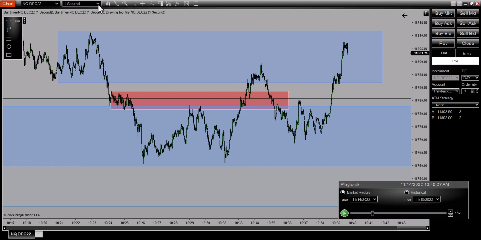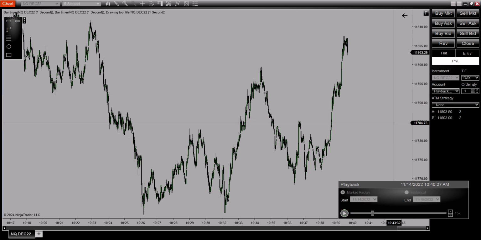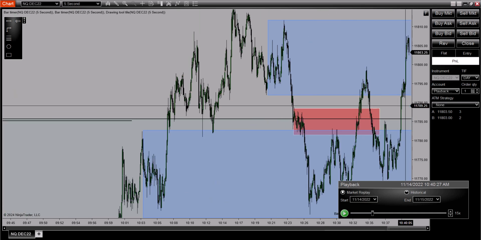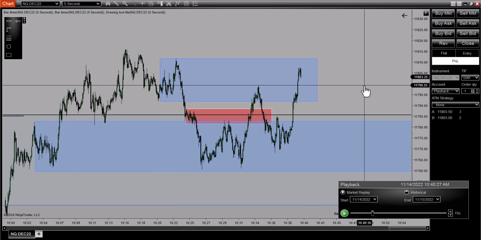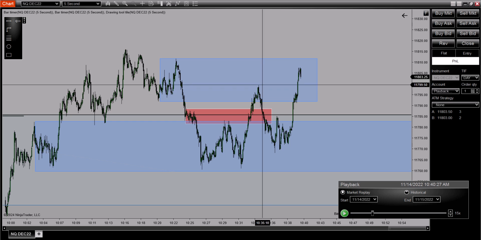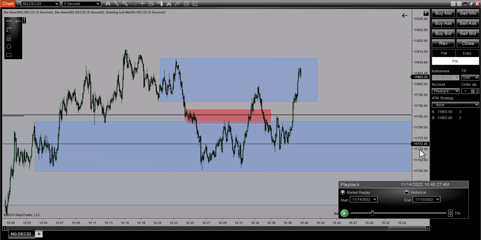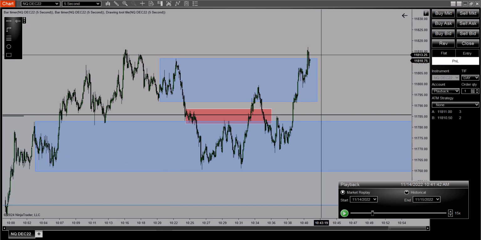And let's go back to the 5 seconds so we don't get lost in the price action. See what's going on here. Let's see if we're going to violate this high right here, because this could be a double top on this zone. All right, so we did violate this high.